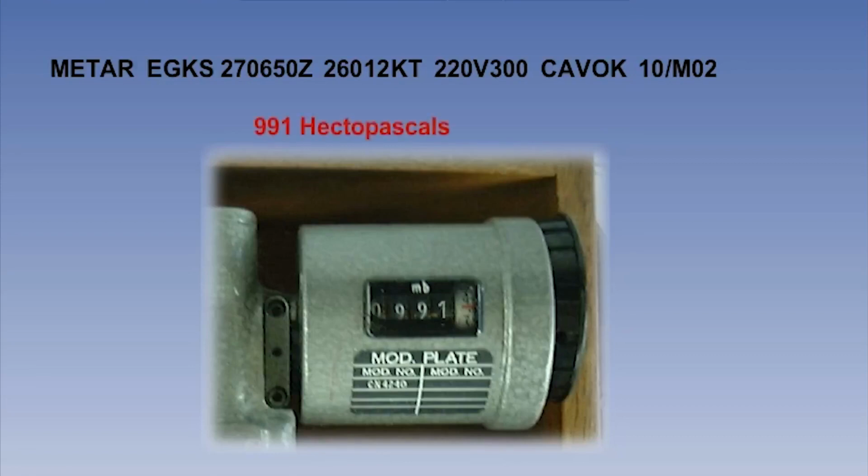For example, a QNH of 991 hectopascals would appear as Q0991. It's important to note, however, that none of the other pressure values will appear in a METAR, only the QNH. The QNH is always rounded down for safety reasons.